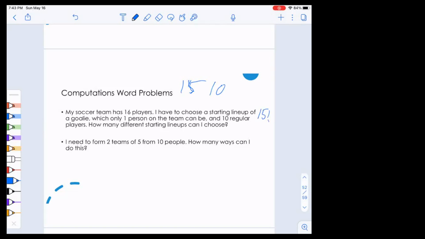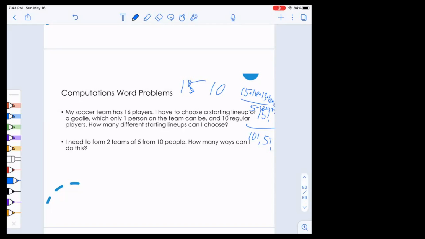So 15 factorial over 10 factorial times 5 factorial. And that is going to be, we're just going to draw it like 15 times 14 times 13 times 12 times 11 over 5 times 4 times 3 times 2.